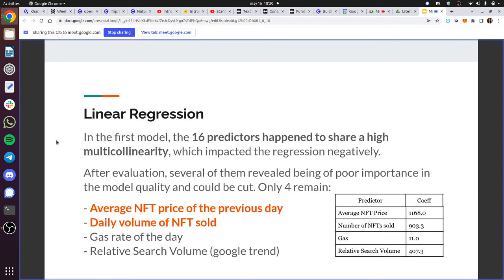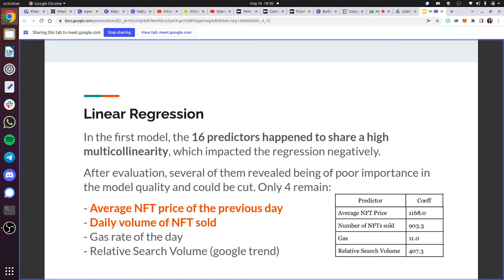So after evaluation, they did reduction of feature redundancy, and they ended with four predictors only, which increased the model quality without losing any important information.